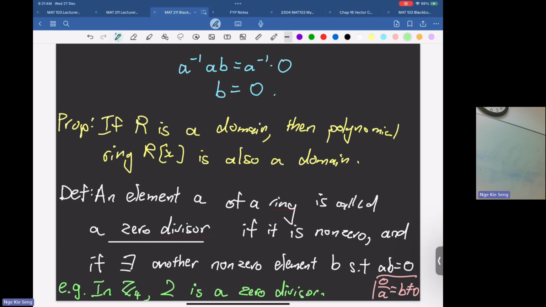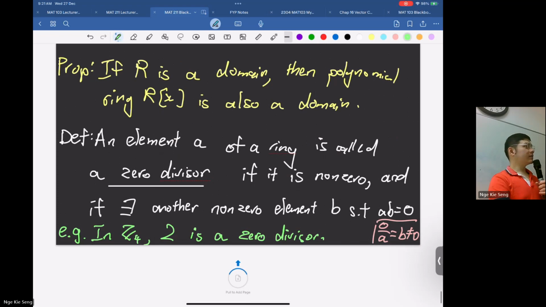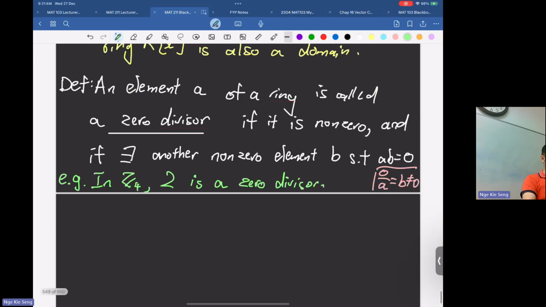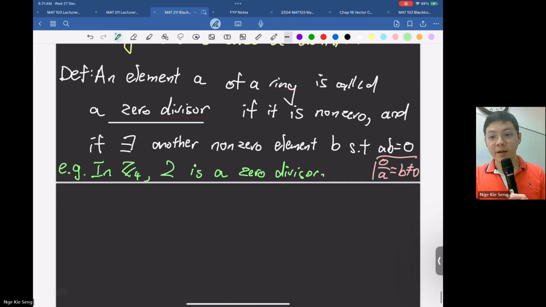Can you find a zero divisor there? Z3, maybe not. How about Z5? Z6, but that one is not a field anymore; it's not prime. A field doesn't have a zero divisor. Correct. Or in other words, it's an integral domain.